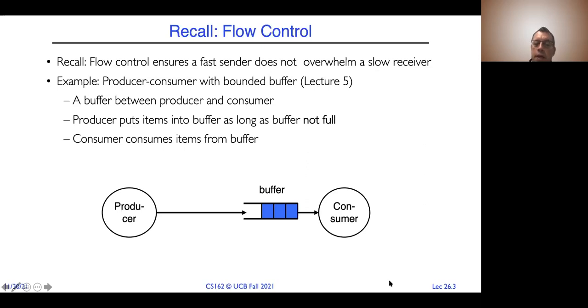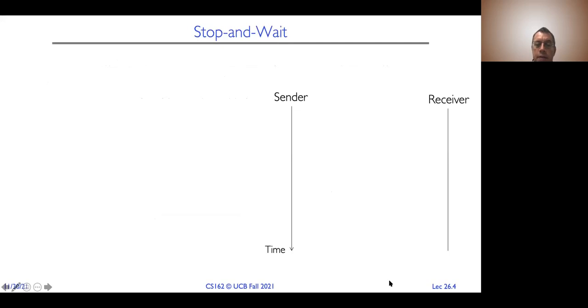So the producer has to stop. It is going to slow down over time to match the speed at which the consumer can read the data from the buffer. Right? Make sense? So that's pretty much it.